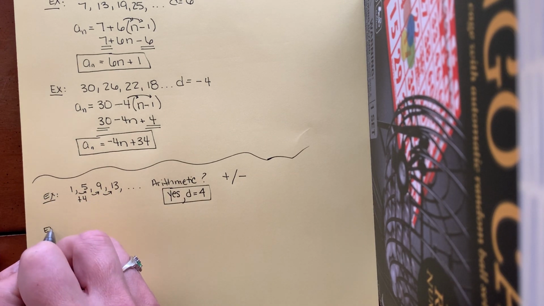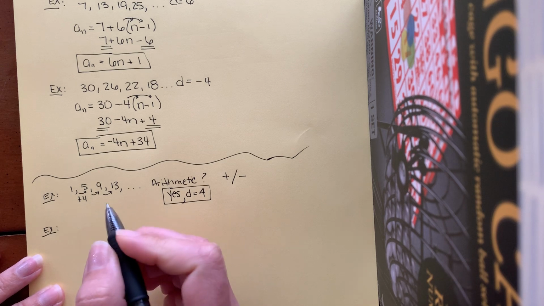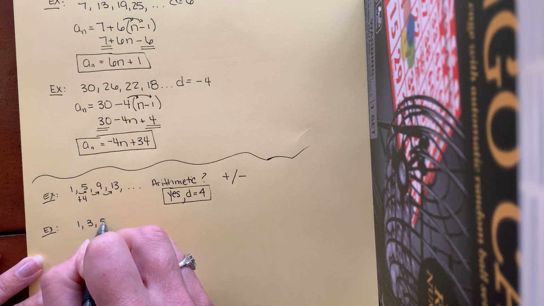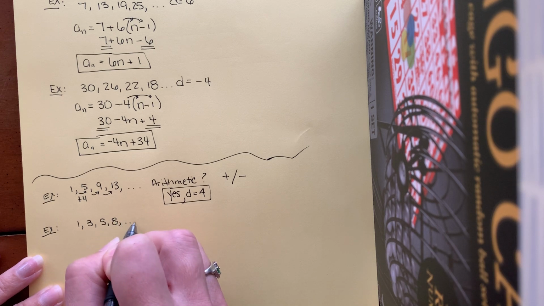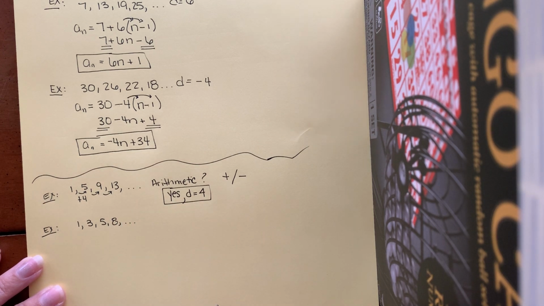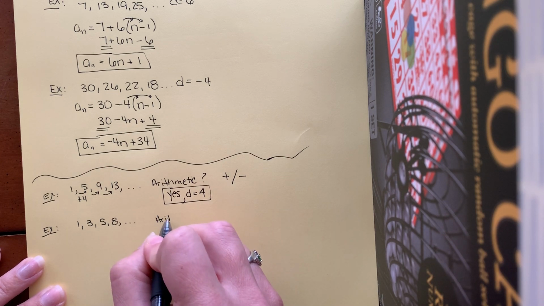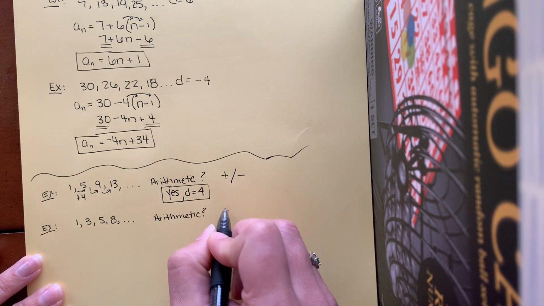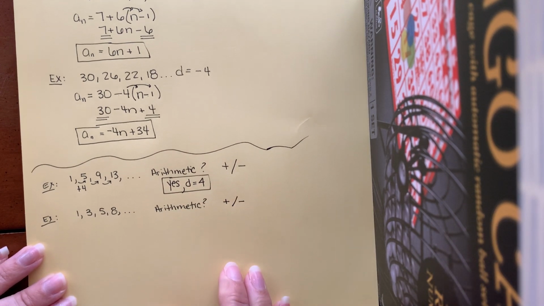Let's take a look at another example. What about 1, 3, 5, 8, ... So I want to determine, is this arithmetic? That is the question. Am I adding or subtracting to get to my next number?